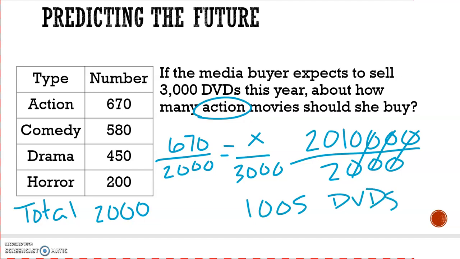Okay, so again, she's predicting she wants to sell 3,000 compared to 2,000 the year before. So she needs to buy more action DVDs, but she needs to know how many more DVDs she should buy. Okay, so she's going to buy 1,000 instead of just 670.